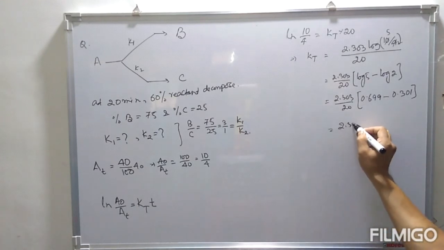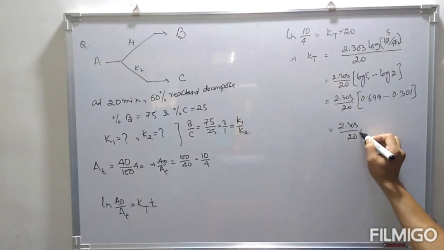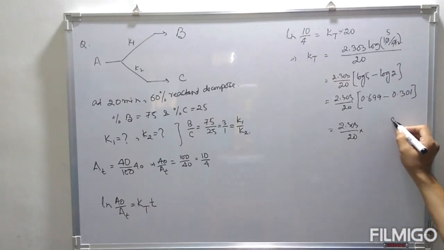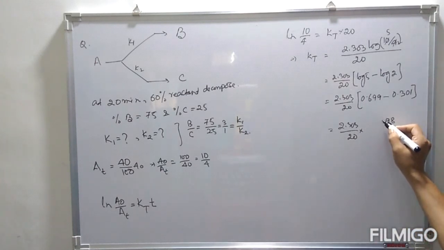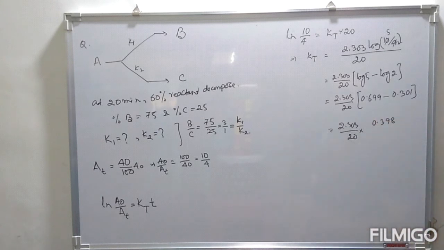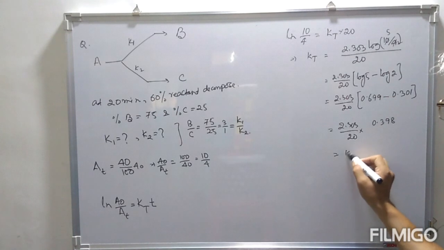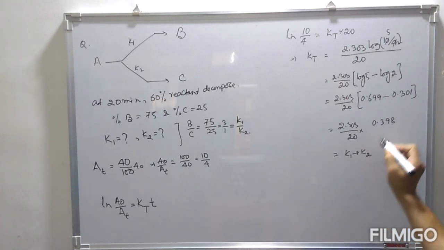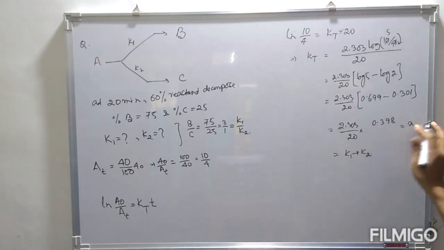So we have 2.303 by 20 into 0.398. So this is the value of Kt, and this value Kt is equal to K1 plus K2. Let's suppose this value is X.